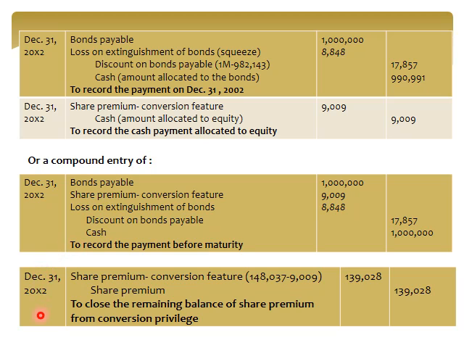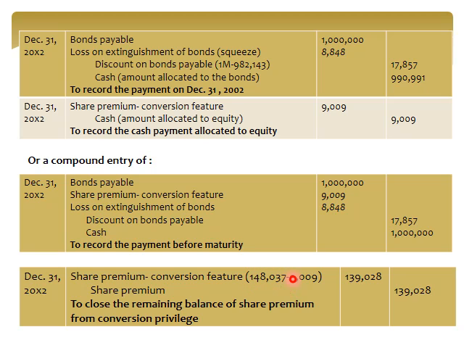On December 31, 2002, additional entry, note that upon issuance, nag-credit tayo ng share premium conversion privilege na 148,037. Hindi naman pala pinakonvert ni bondholders. So, 148,037.